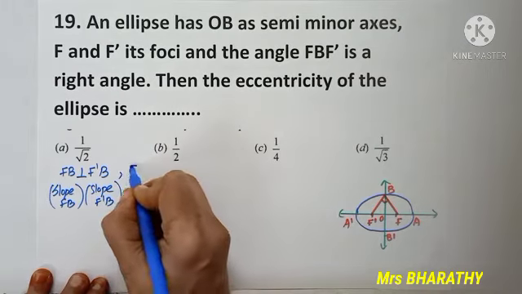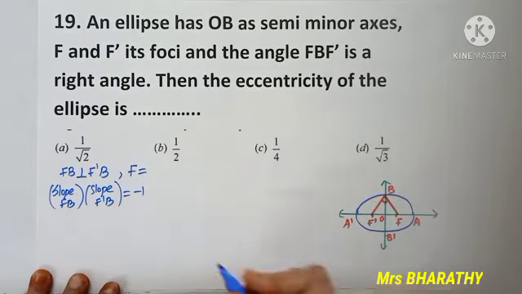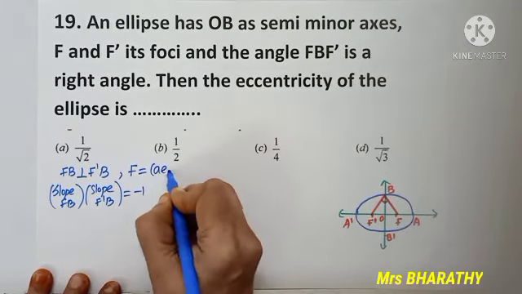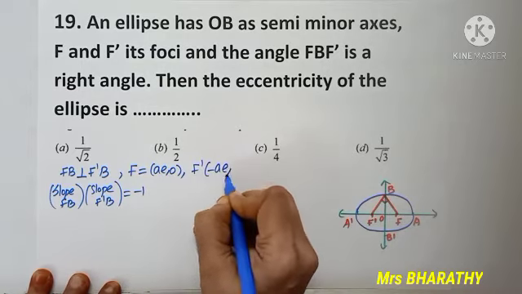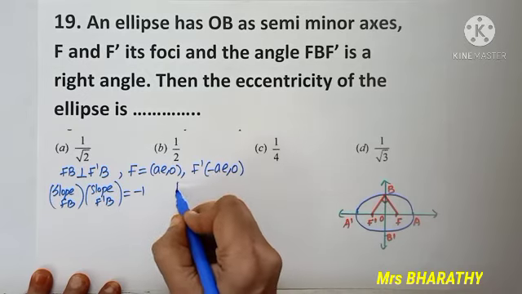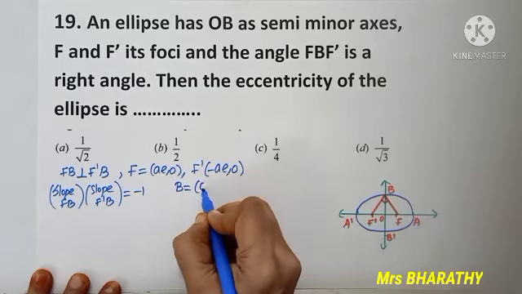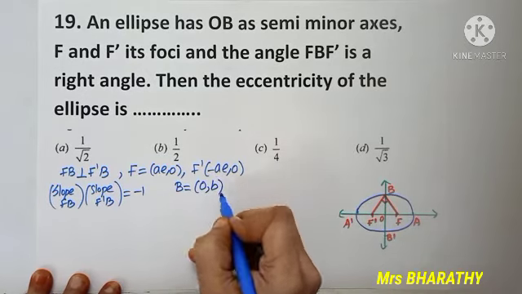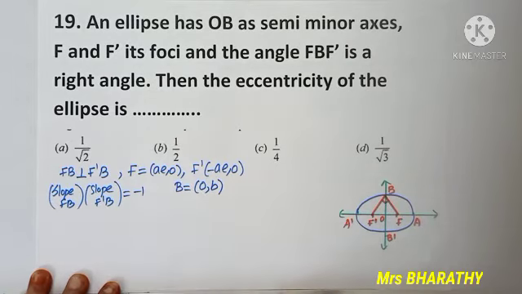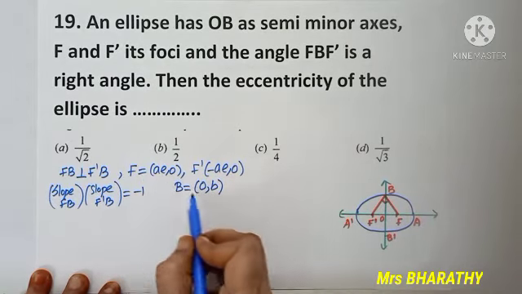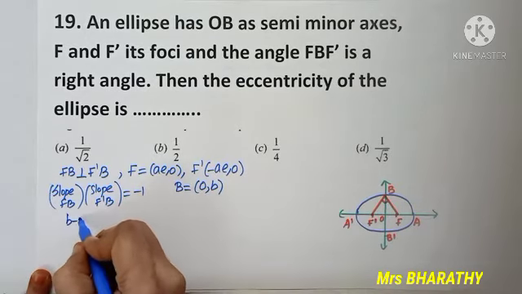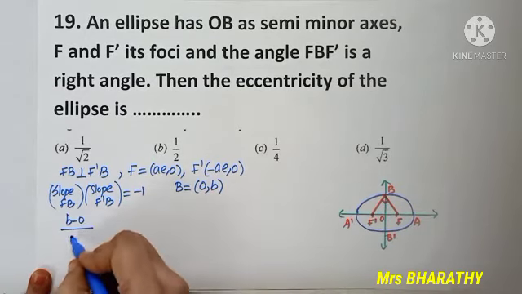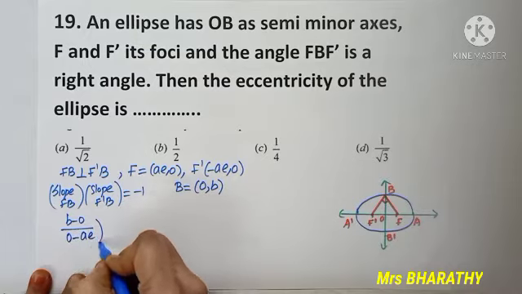What is F? As we know, it is focus, say AE, 0. The other focus is minus AE, 0 and B is the minor axis, so 0, B. Find out slope of FB. I get B minus 0 divided by 0 minus AE.